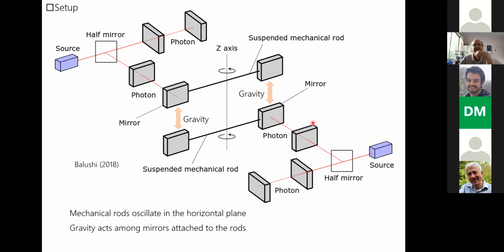I wonder if you could just say a few words about that setup and why that is more like what you would, I'm assuming this setup is the one that you would sort of be thinking of actually trying to build in the lab. So my question is, what are the special features of this setup?